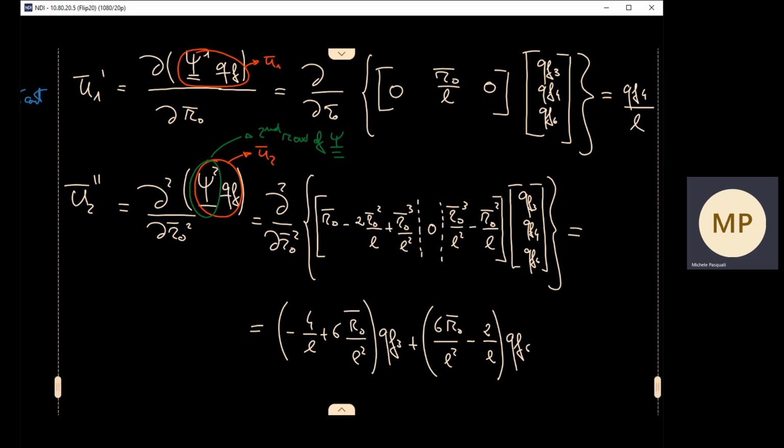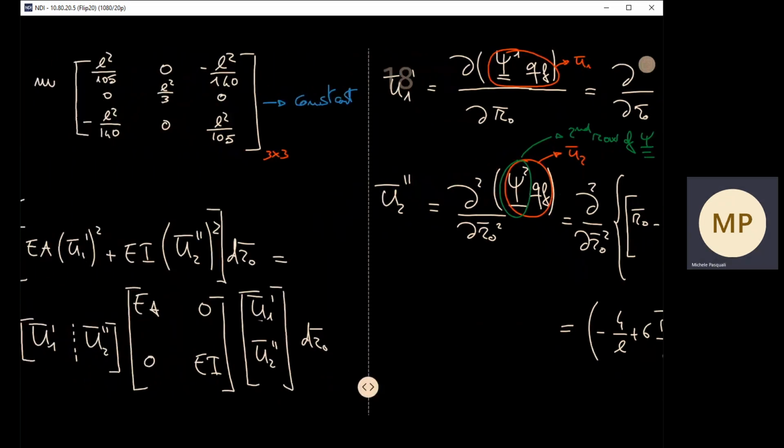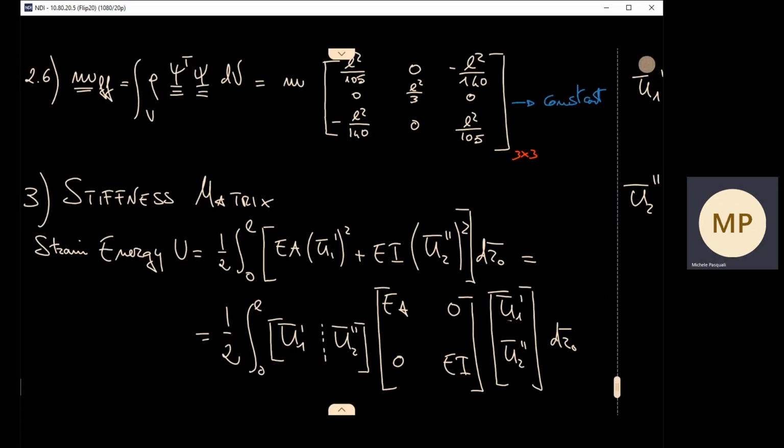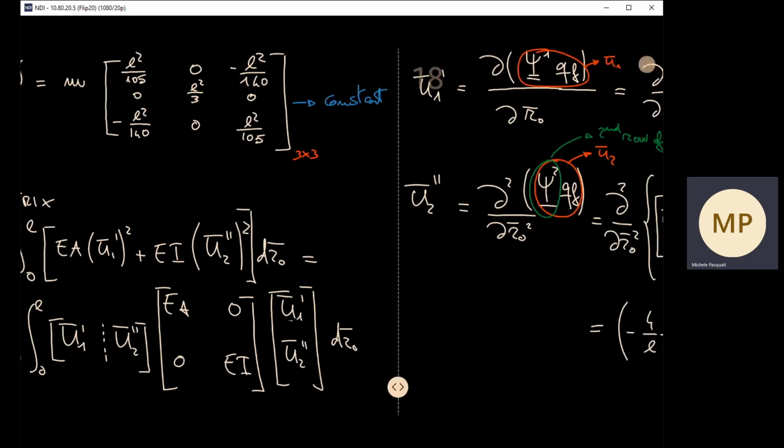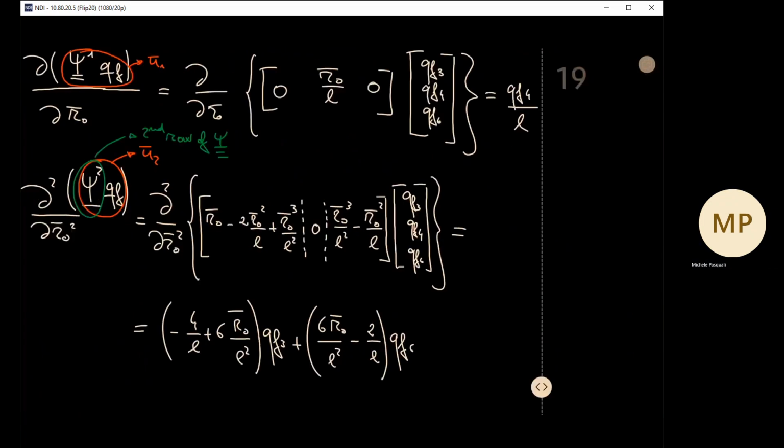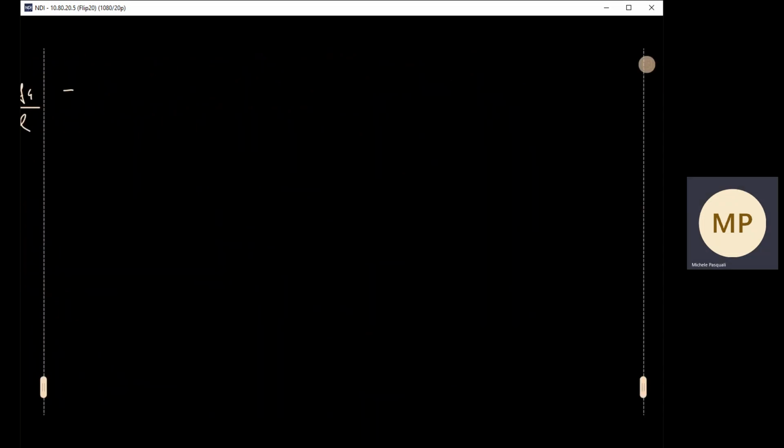So now you can write it down. Can I slide it? So now you have these two quantities. It means that you can get this one here. Okay? So it means that our U, our elastic energy, is 1 over 2 of what?